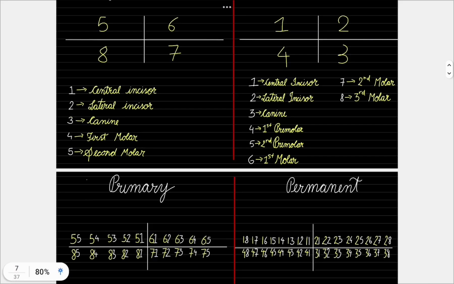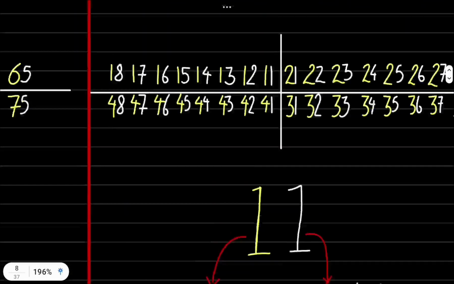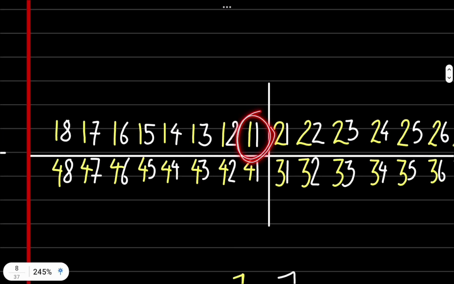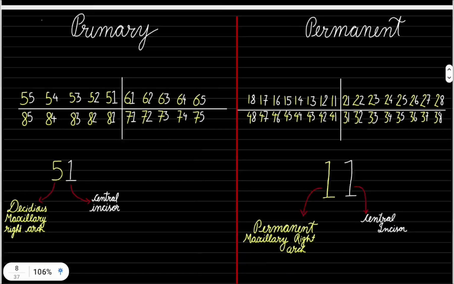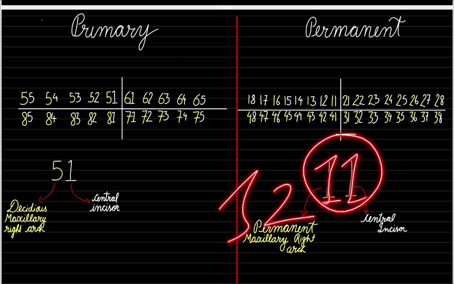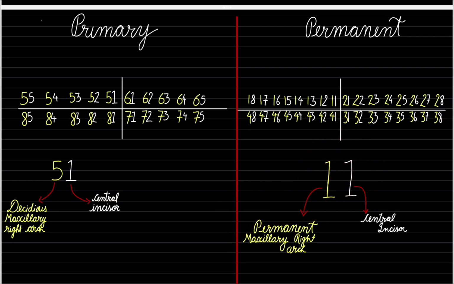And over here the number 1 will represent the permanent maxillary right central incisor. So always remember, speak it as 1 1, 1 2, 4 1, 4 2, 4 3, 7 1, 7 2, but never as 11, 12, 13.